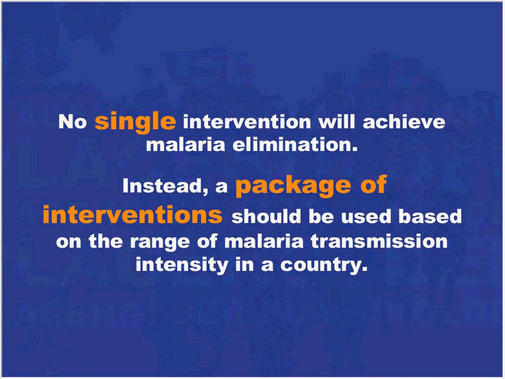As we all know, no single intervention will achieve malaria elimination. Instead, a package of interventions should be used, and this based on malaria transmission intensity in a country. This concept, which was first started by MASEPA, has been something that countries have tried to use.